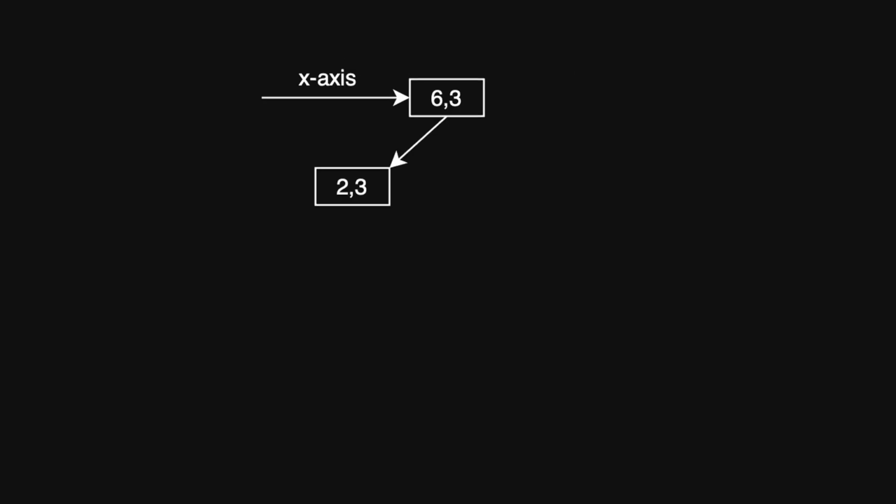Here we have a new node to insert, (2, 3). If we're splitting along the x-axis, then we compare the x values, in this case 6 and 2. So 2 is less than 6, so we move it to the left.